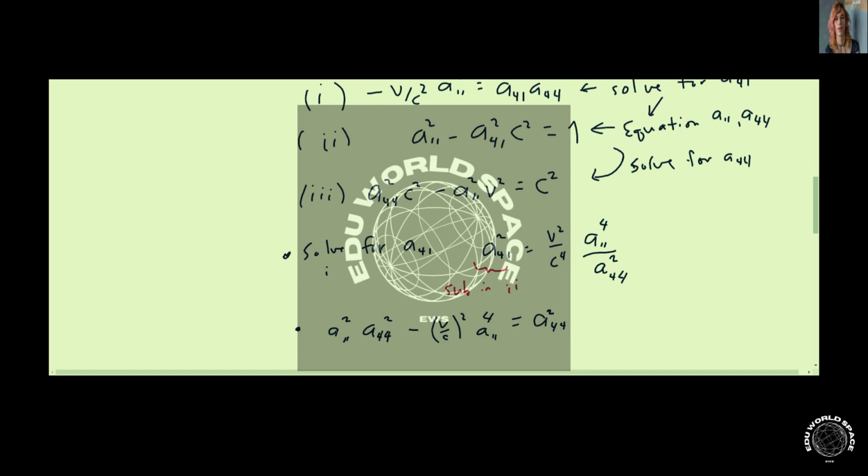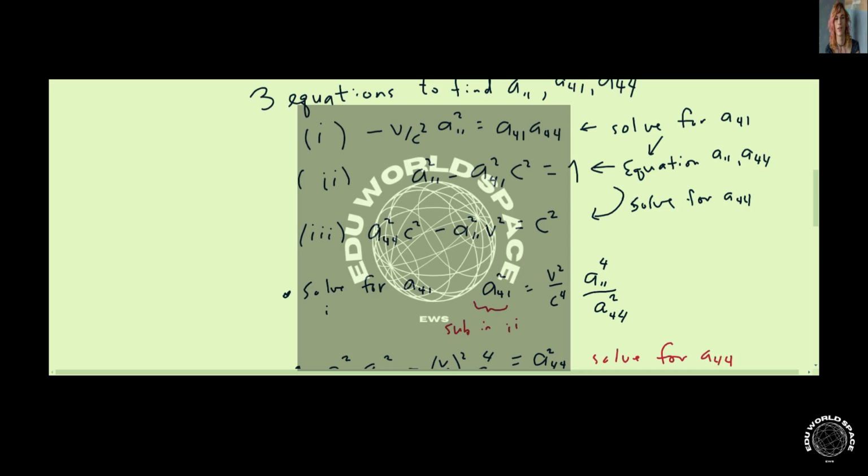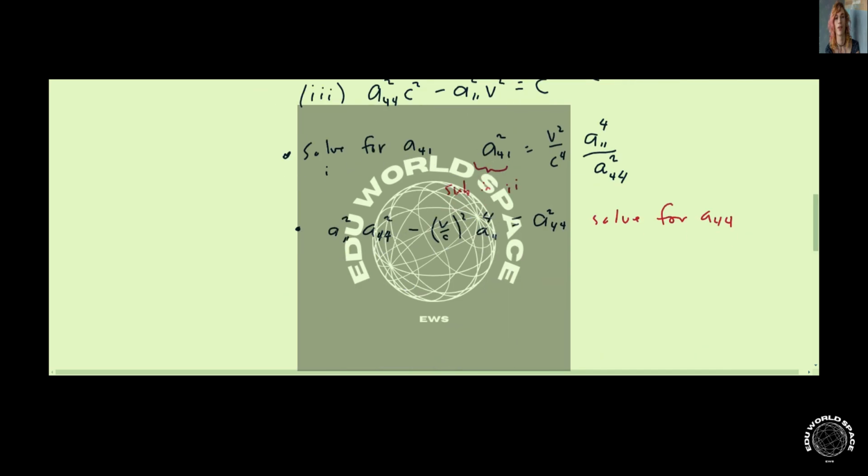And then we want to solve this for a44. And that's the next step, a44 squared is v over c squared, a11 to the 4th over a11 squared minus 1.